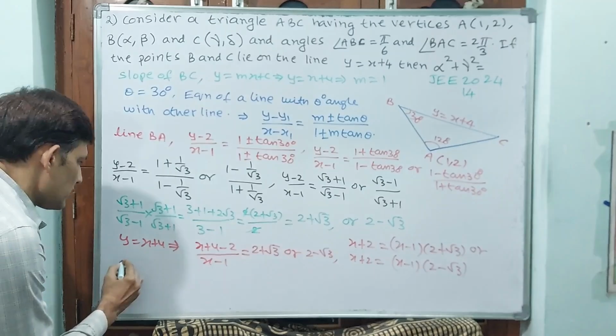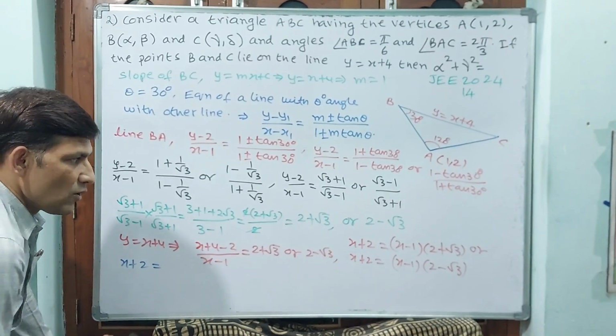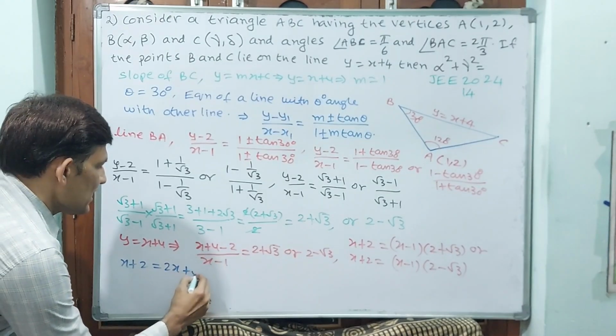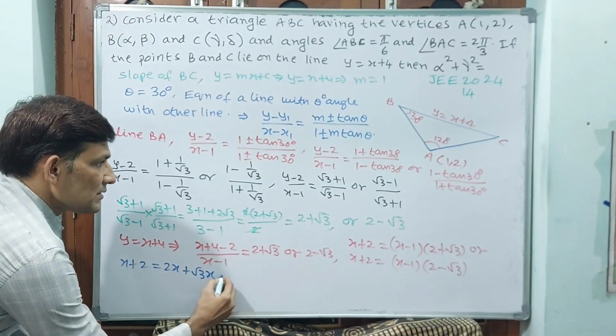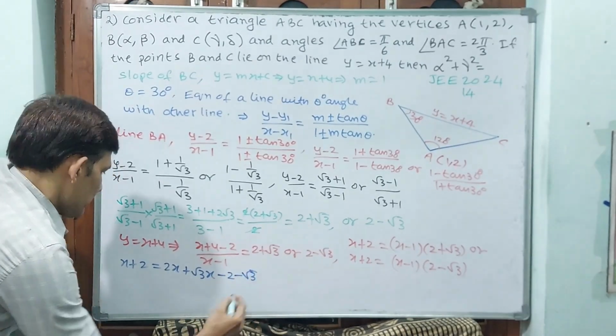Let me see what we can do. x plus 2 is equal to, first case I will take, 2x plus root 3x minus 2 minus root 3.